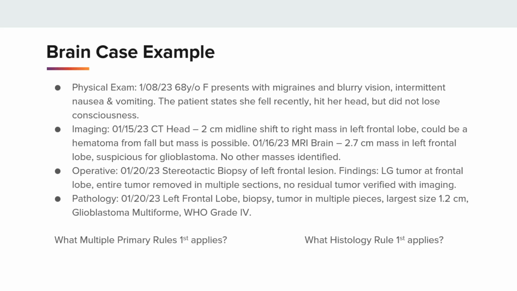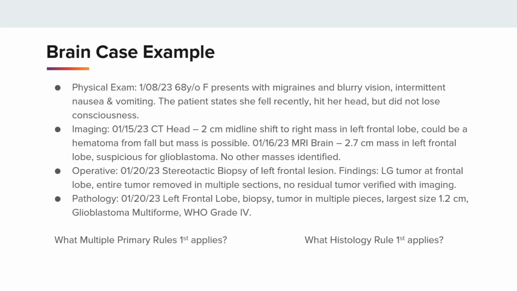That refers to meningioma, and again, that's not our histology. The next rule is H3. It states to code only one histology when one is present, and that is the first rule to apply, as we only have one histology noted by the pathologist. So H3 would be our histology rule. This one was easy. The imaging indicates a glioblastoma clinically. The pathology indicates a glioblastoma microscopically.